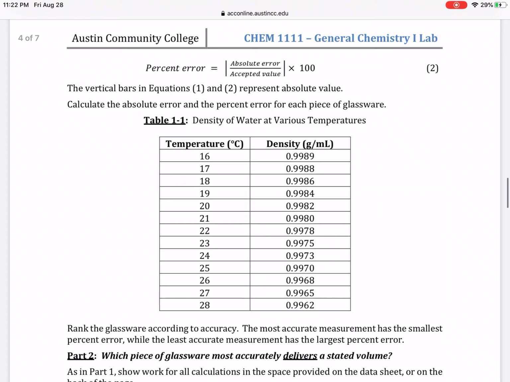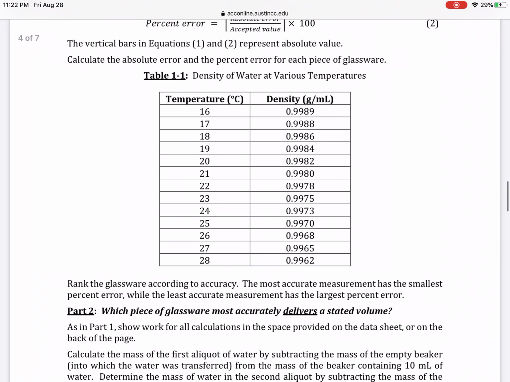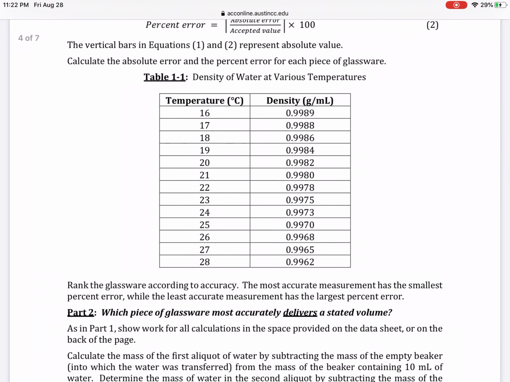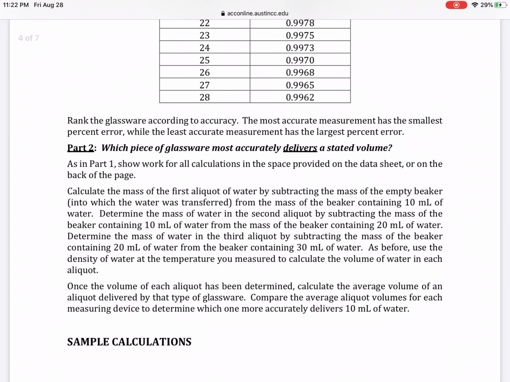Also, you need this table where you have the temperature and the density variations. You can see as the temperature changes, density changes. So from our experiment and the pre-lab assignment, we want to look at what temperature they are performing the experiment at, and we need to get the density from this table. Okay. And then part 2, which piece of glassware most accurately delivers a stated volume.